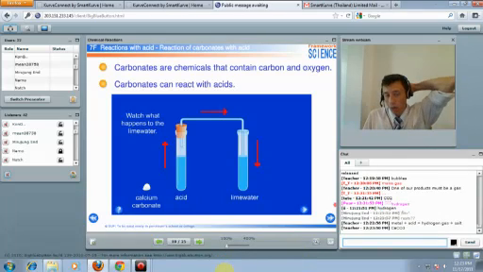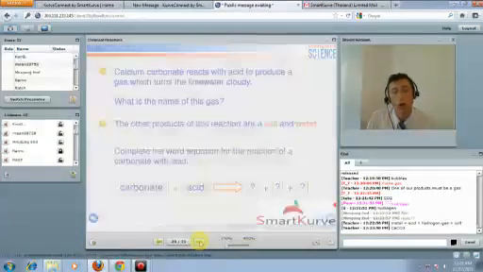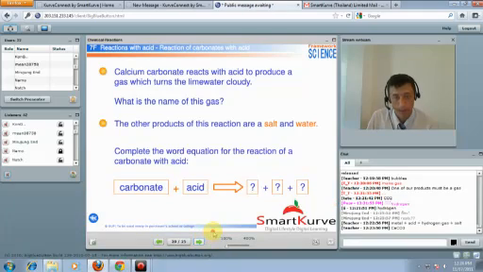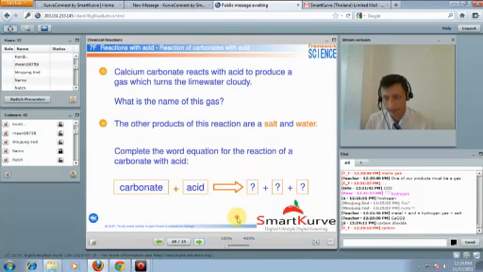CaCO3. Now, let's look at what happens when that calcium carbonate reacts with an acid. Calcium carbonate reacts with the acid to produce a gas, which turns the water cloudy. What is the name of the gas? Exactly, yes. Carbon dioxide.